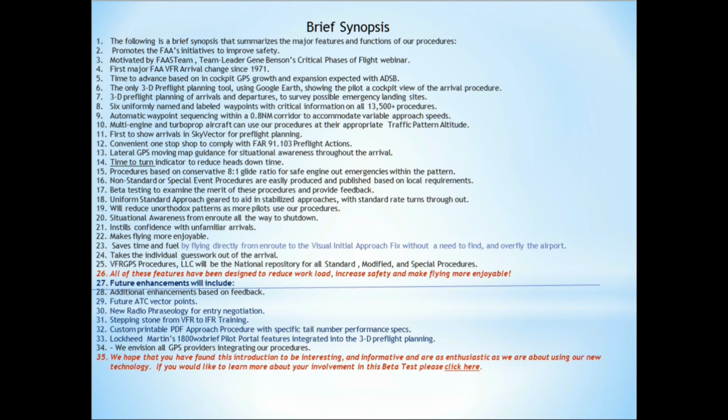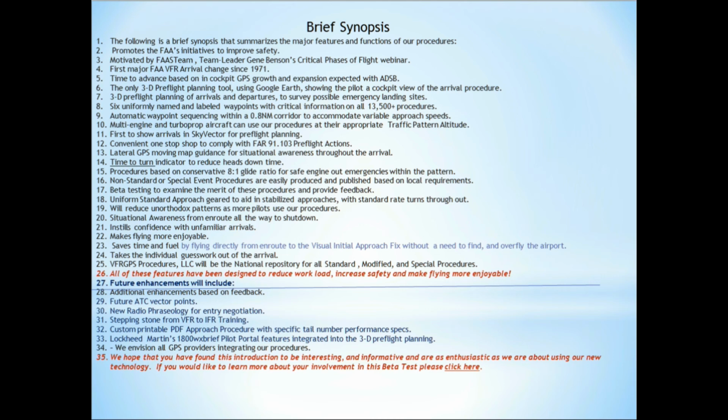First, to show arrivals in Sky Vector for pre-flight planning. Convenient one-stop shop to comply with FAR 91.103 pre-flight actions. Lateral GPS moving map guidance for situational awareness throughout the arrival. Time to turn indicator to reduce heads down time.